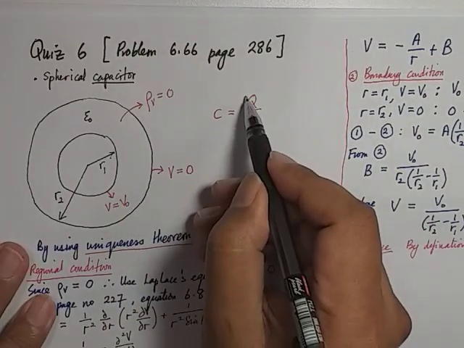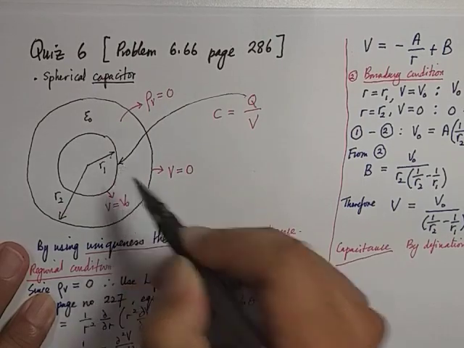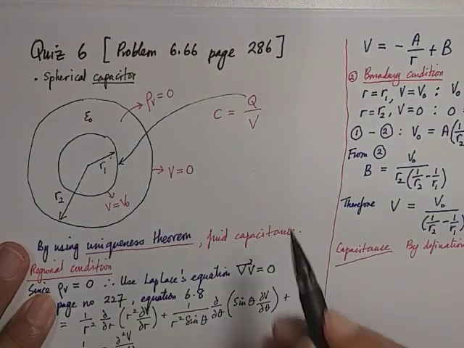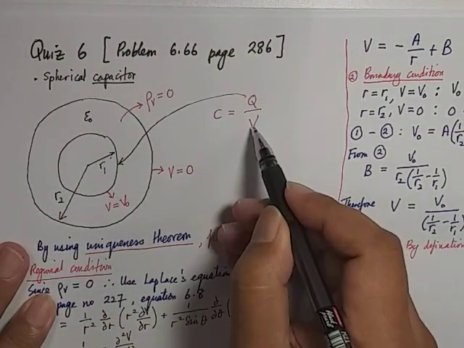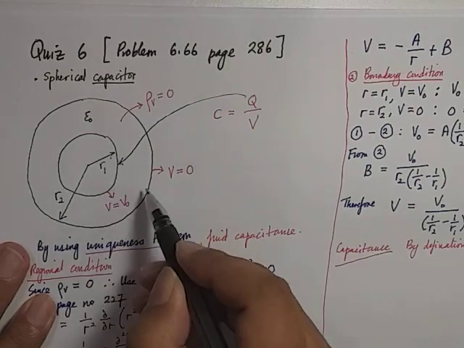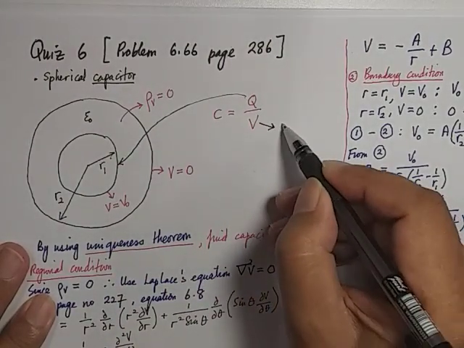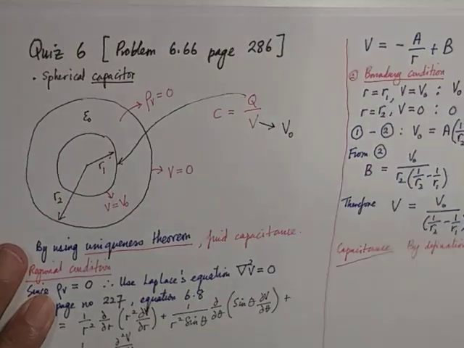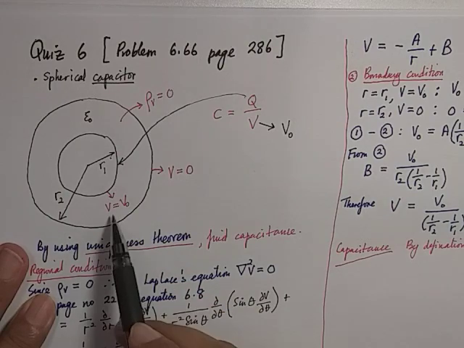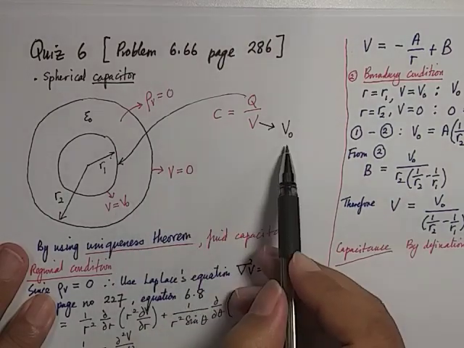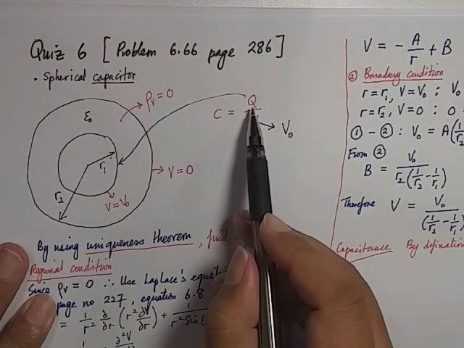I'm going to say the Q is based on the charge residing on this particular surface boundary. V is the potential difference between these two surfaces, so V is defined as V naught minus 0, which is V naught. That's done. I just need to find the Q.